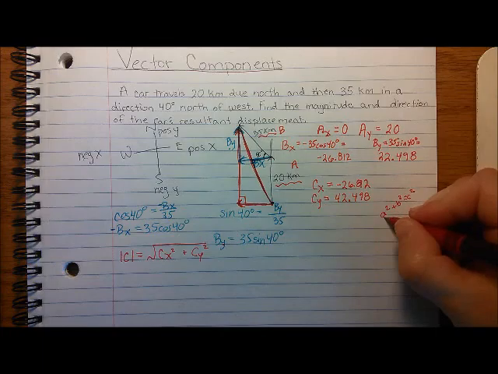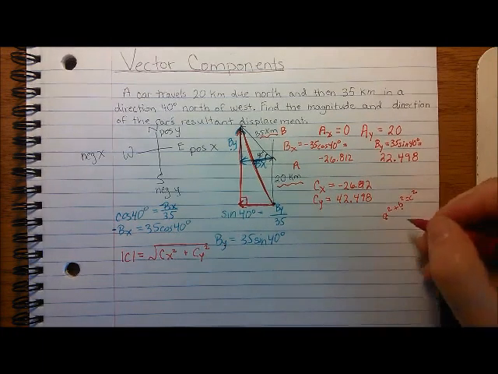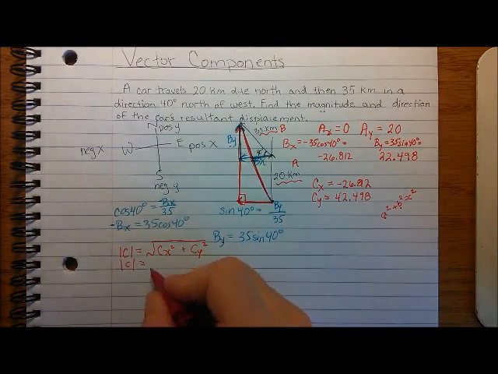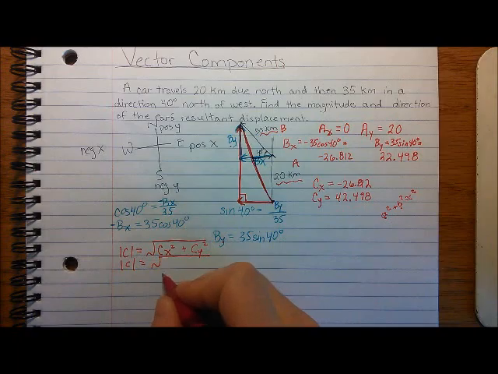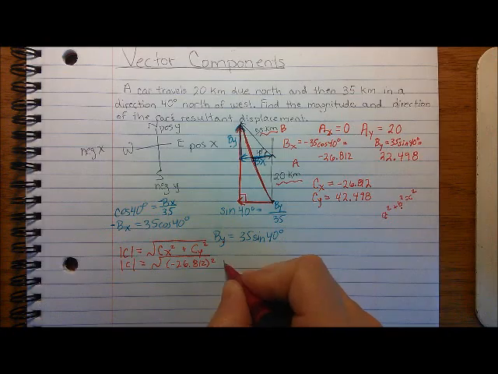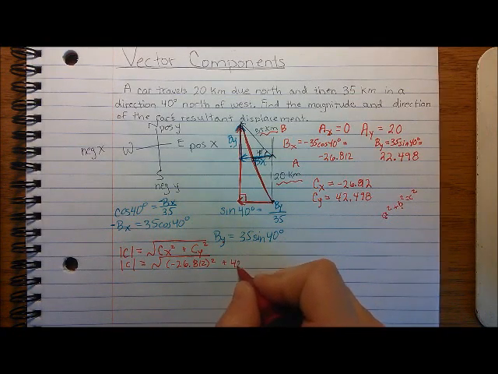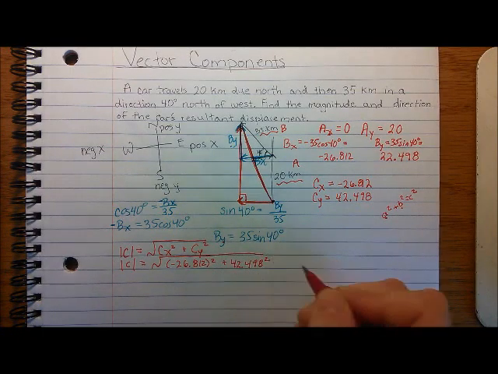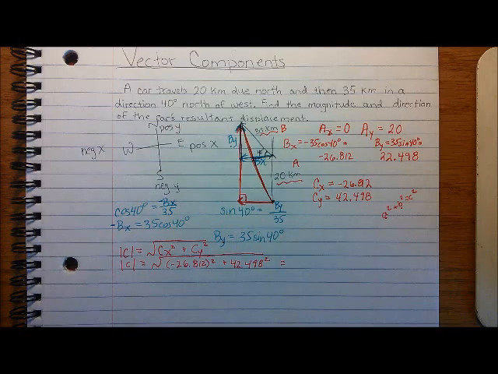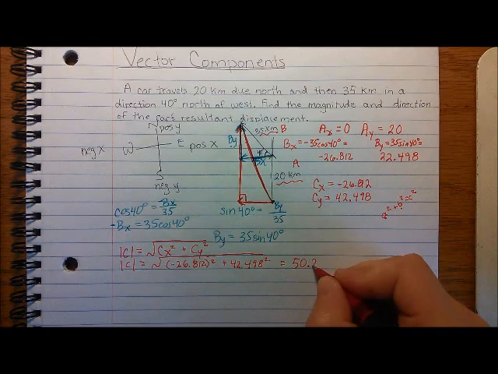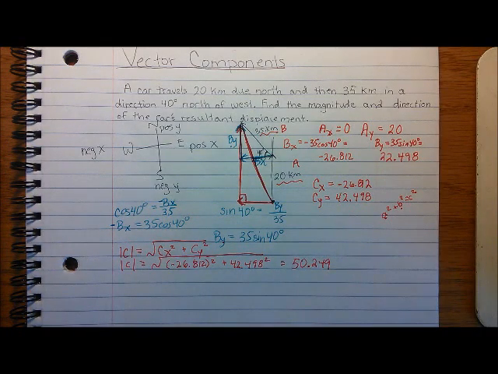In this case, a is the x component and b is the y component. So let's go ahead and plug these in. C is going to be equal to the square root of negative 26.812 squared plus 42.498 squared. Assuming you can plug that into your calculators correctly, and if you do, you should get 50.249. Let's write in our units. In this case, our units are kilometers.